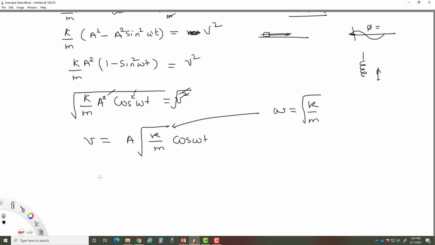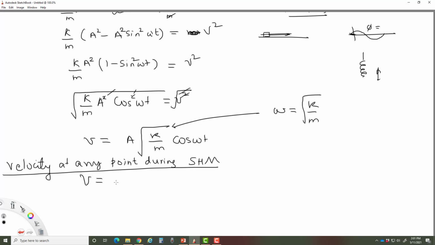So this is the expression of velocity, or speed, at any point during the simple harmonic motion, given by A omega cosine omega t.